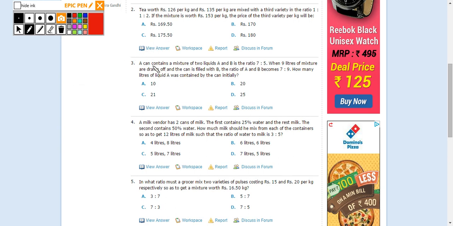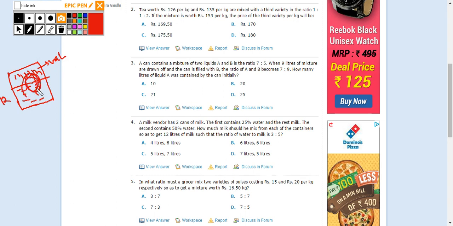So what is given here? A can contains a mixture of two liquids, A and B, in the ratio 7:5. So there is this can, say a 12-liter can. I'm just assuming this is a 12-liter can. So this can is going to contain 2 liquids. Let's assume that this is a milk can. So it has 7 liters of milk and 5 liters of water.